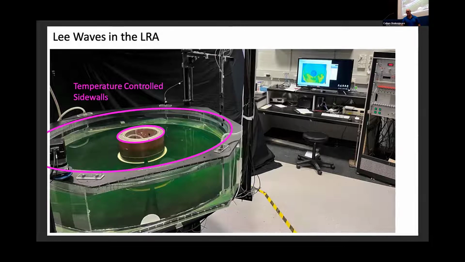The first is that we've got the ability to control the temperature of the sidewalls. This outer jacket, which is about this thick, is filled with water for a number of reasons, but we can control the temperature of that water and use it to impose a sidewall boundary condition that can be hot or cold. I should say this tank is 1.6 meters in inside diameter.